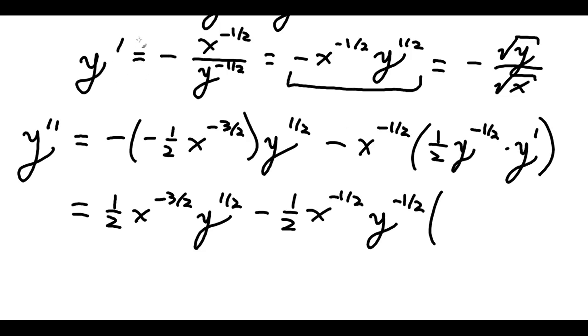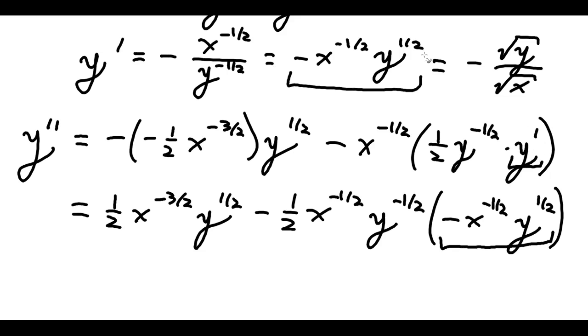But y prime is this thing right here. That is negative x to the negative 1/2, y to the 1/2. And I'll do this to help you see what's going on here, right? We have y prime. Y prime is equal to this, so I'm just plugging that in.